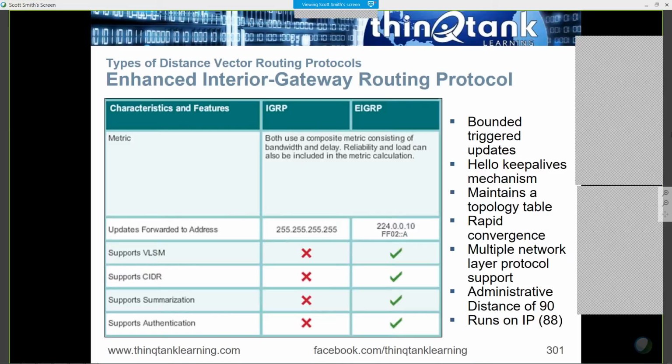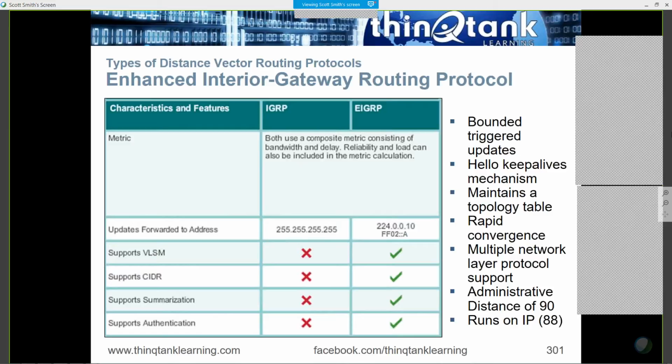It's actually a relatively complex metric. It's K1 times the bandwidth, where the bandwidth is calculated as 10 to the power 7 divided by the bandwidth in kilobits per second. It's the worst bandwidth along the path to the destination. Times K2 times something, K3 times something, K4 times something, K5 times something.